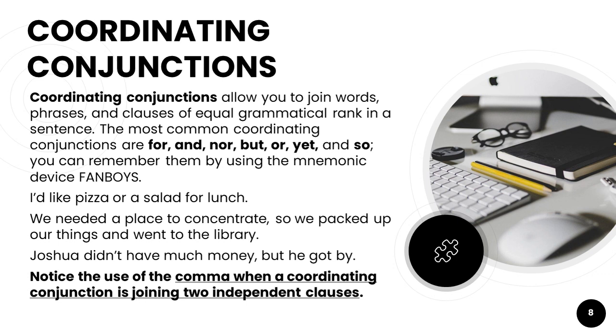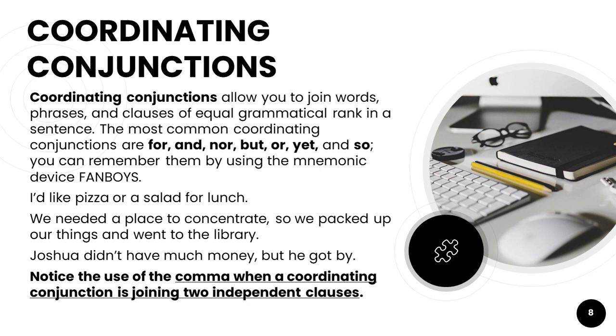The most common coordinating conjunctions are for, and, nor, but, or, yet, and so. You can remember them by using the mnemonic device FANBOYS: F for, A for and, N for nor, B for but, O for or, Y for yet, and S for so. Example: I'd like pizza or a salad for lunch.